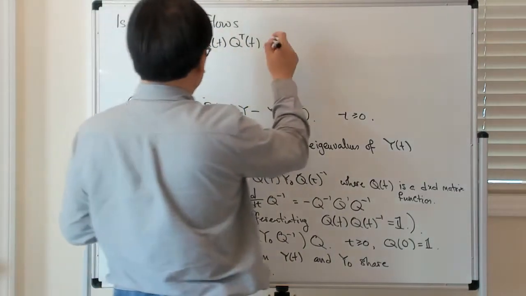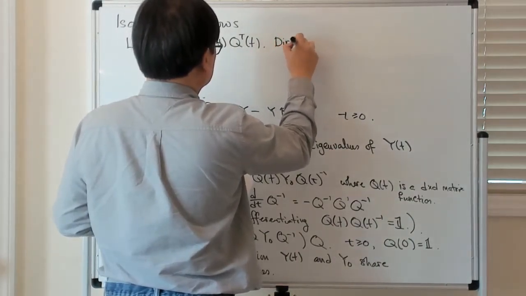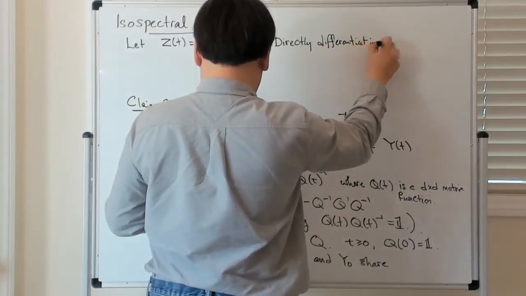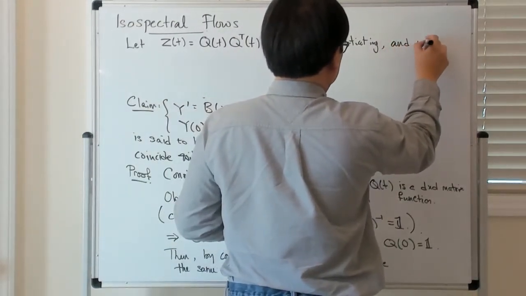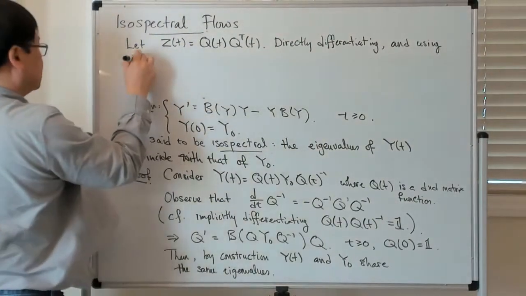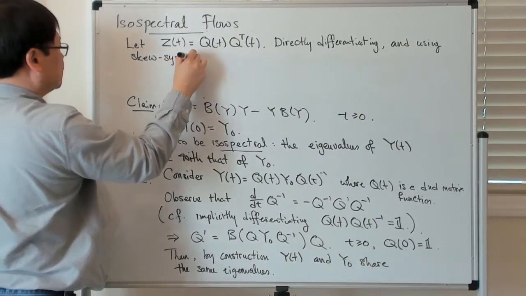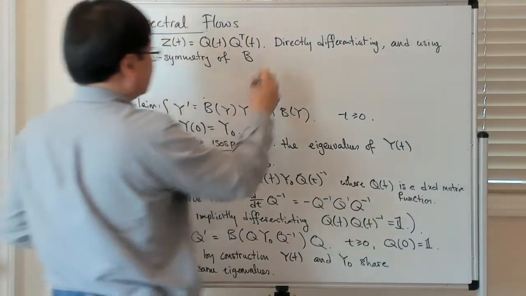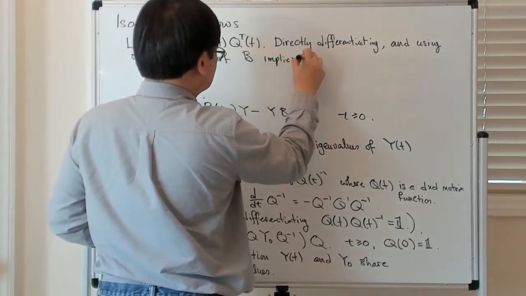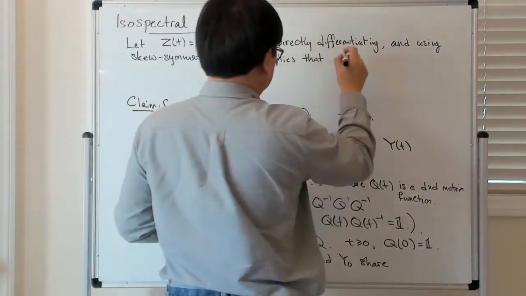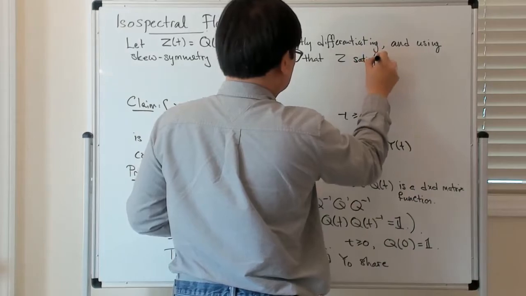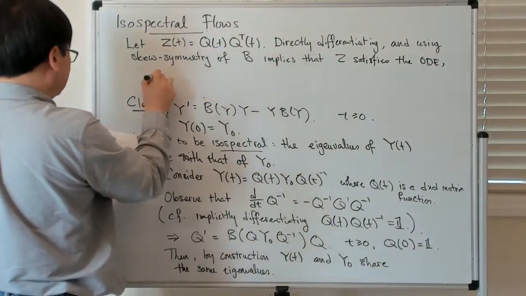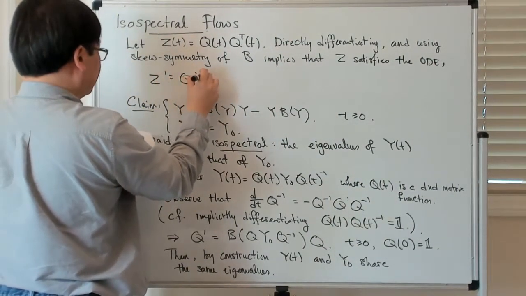Directly differentiating this, and using the symmetry of this matrix function B, implies that Z satisfies the following differential equation, which is that Z prime is, of course, Q prime Q transpose.